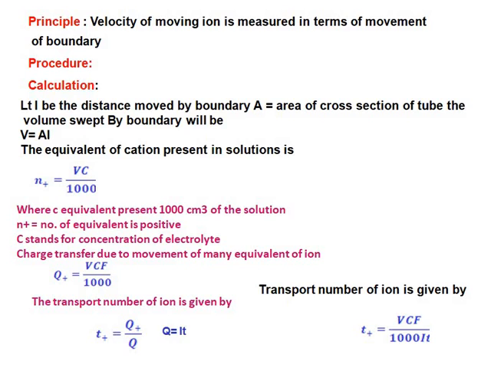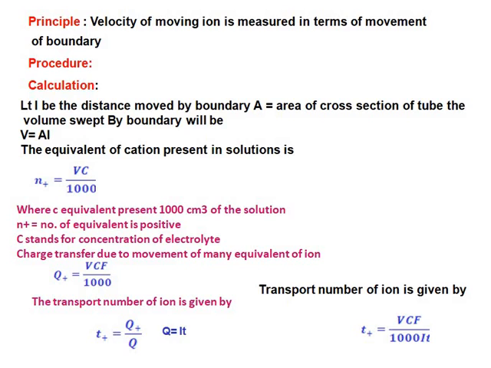The two electrolyte solutions are chosen so that the cation of the second electrolyte moves with a velocity lesser than the cation of the first electrolyte.